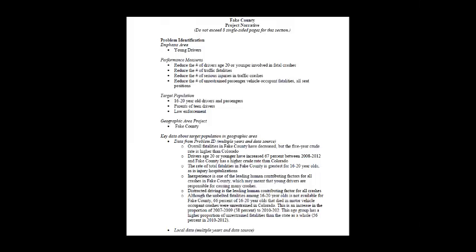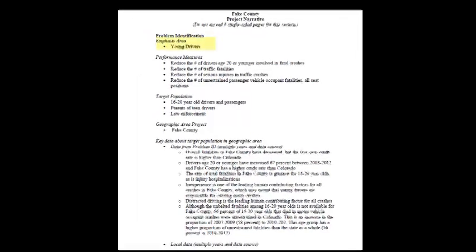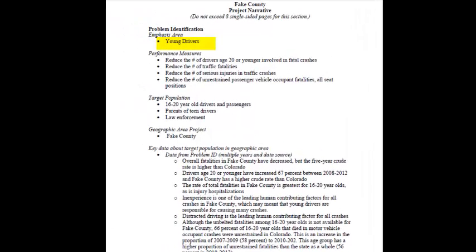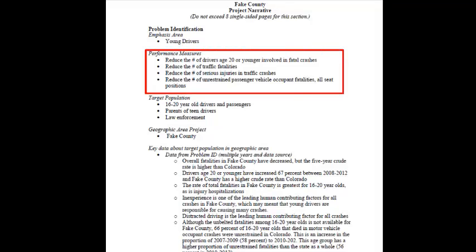Okay. So just a recap, in the problem identification section for Fake County, we decided that our emphasis area would be young drivers and that the performance measures we would most likely be impacting are reduce the number of drivers aged 20 or younger involved in fatal crashes. And if we did that, we would therefore reduce the number of traffic fatalities and the number of serious injuries in traffic crashes.